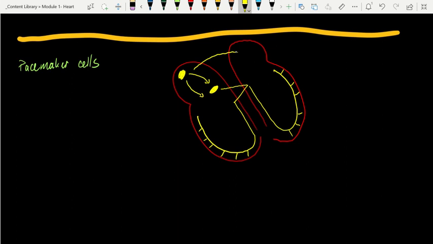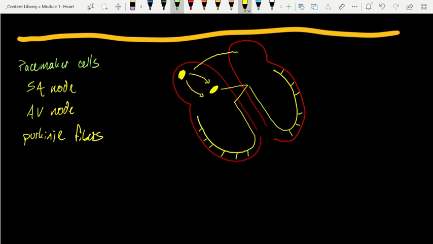Of course, there's differences. The SA node tends to tick at about 80 beats per minute. The AV node is about 40, and then the Purkinje fibers are about 20. But all of these structures have inherent pacemaker activity because they're all made of these pacemaker cells.